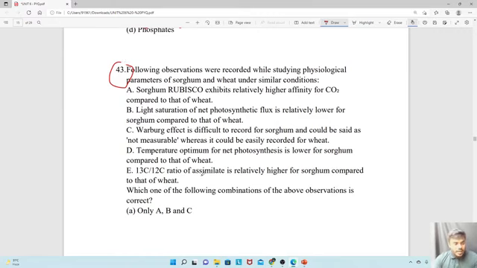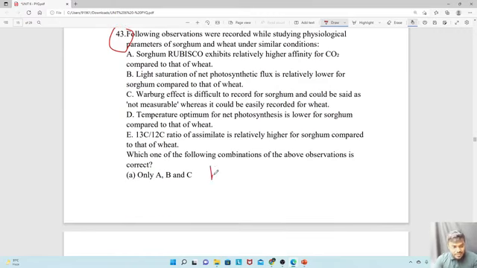Option A, only A, B, C. I will give the options.